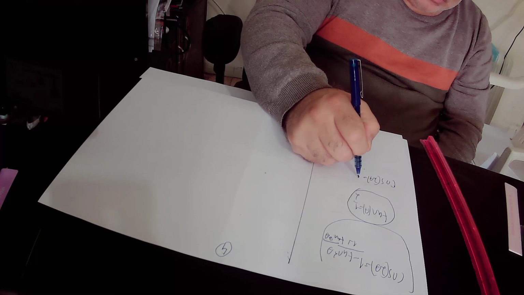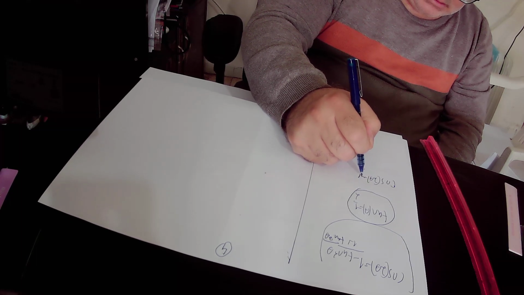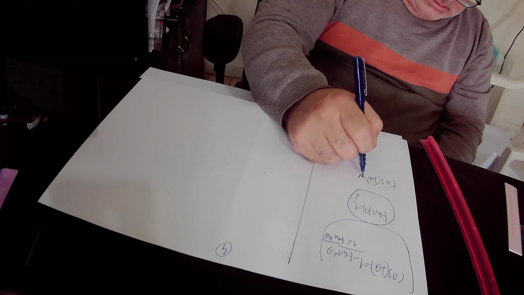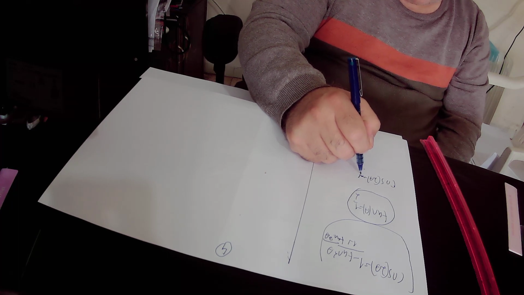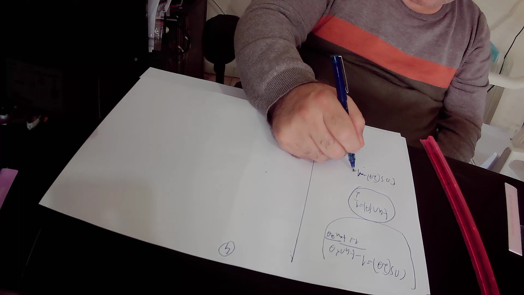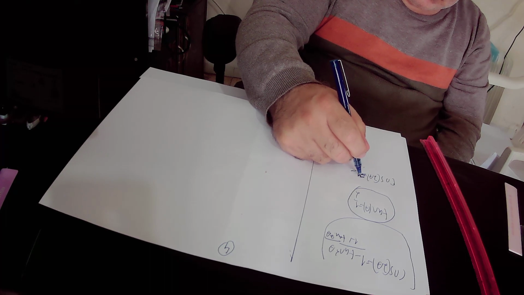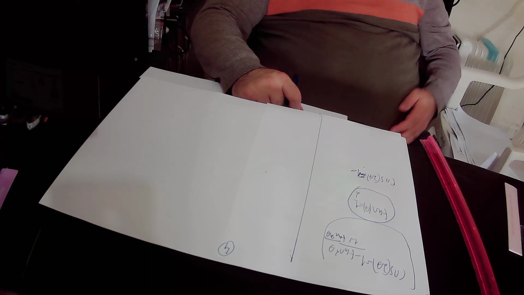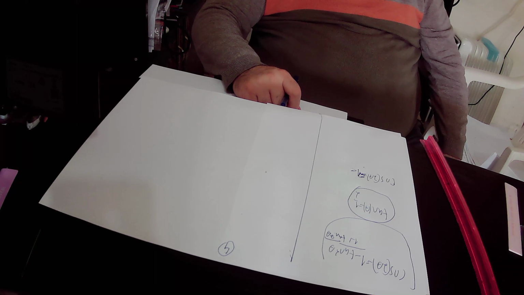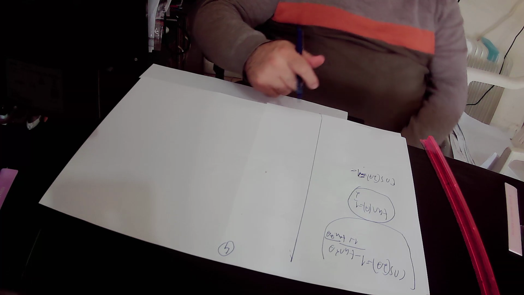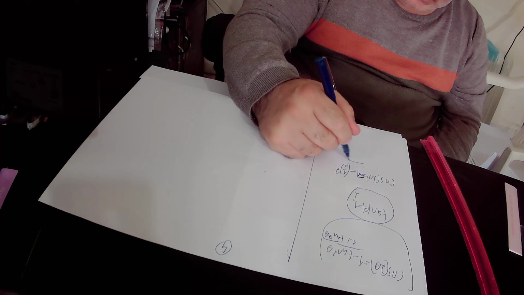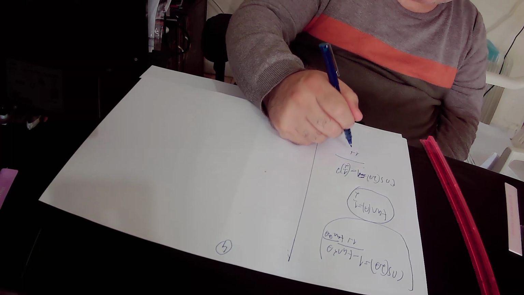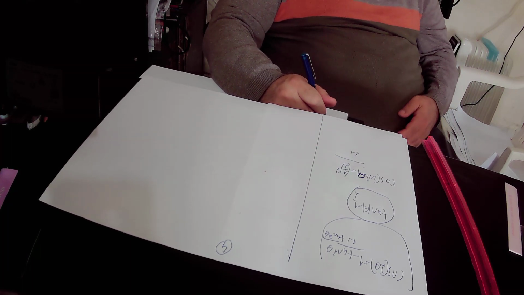1 minus tangent square theta. Tangent theta equals 1 half, therefore tangent square theta will be equal to 1 half squared, over 1 plus tangent square theta.